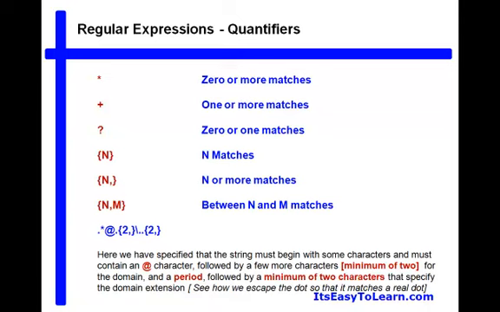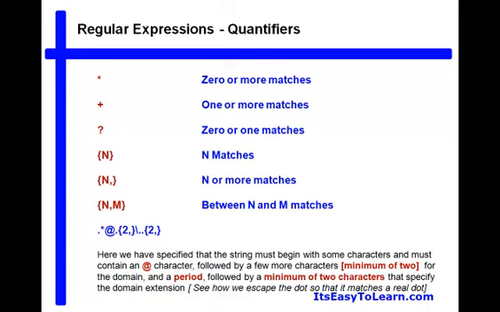So here is a regular expression. We had .*@. The .* at specifies that the string must begin with some characters and must contain at least an @ character. Then it is followed by 2 or more characters, a minimum of 2. This is the domain. And then we need a period.